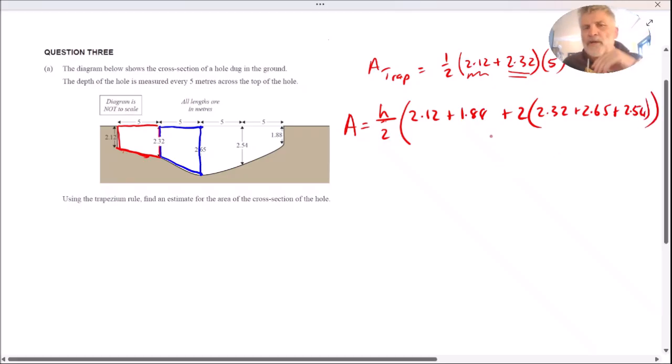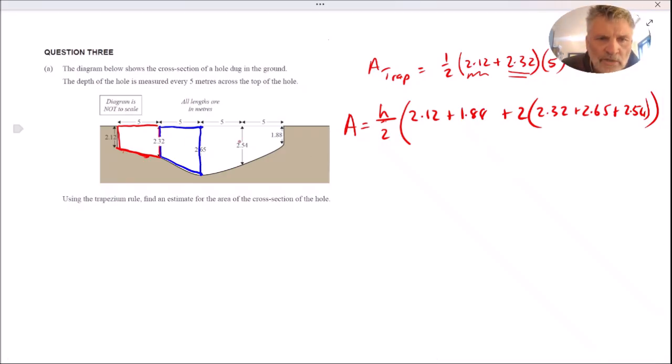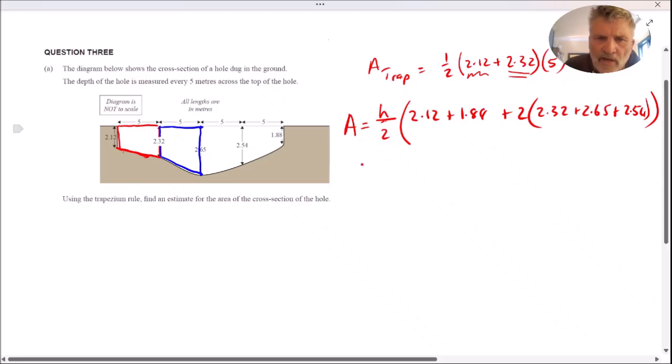So the formula is provided, and it's very easy to understand intuitively when you know what a trapezium is and how they're doing this, and so you're getting an approximation, so you add that up.